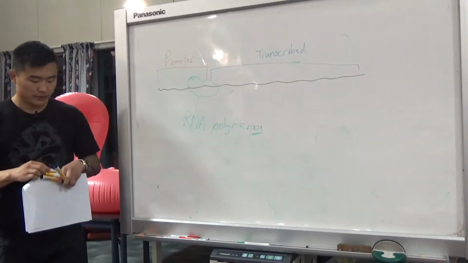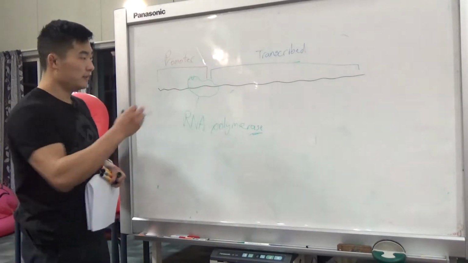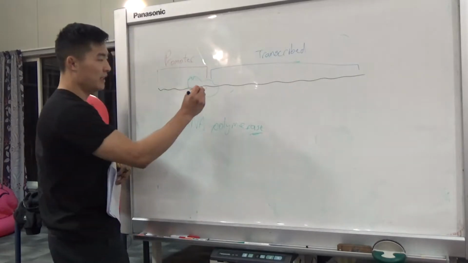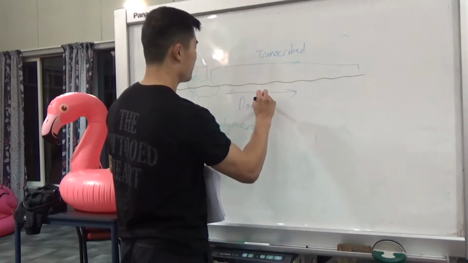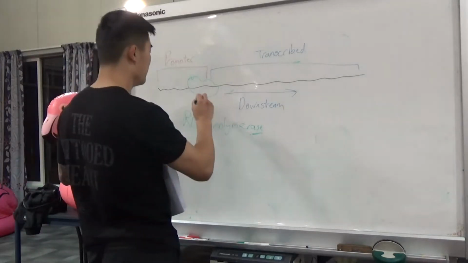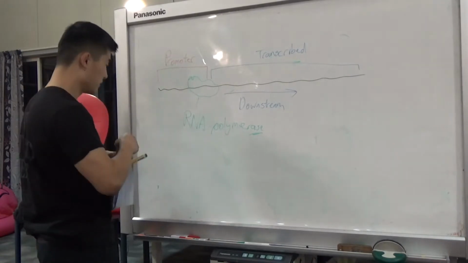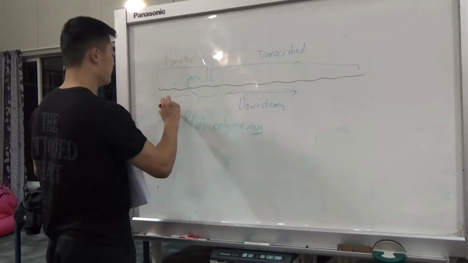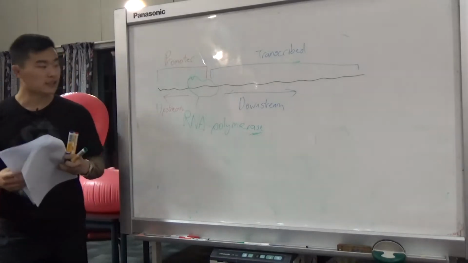It's creating that mRNA transcript, and this RNA polymerase is going to move this way. So this way is downstream, and the opposite way would be upstream, like trying to swim against the current in a river.